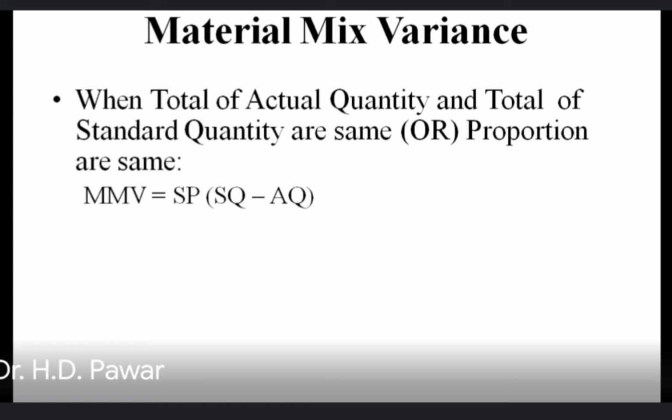This formula is the same as material usage variance. So if the total of actual quantity and total of standard quantities are the same, then material mix variance itself is material usage variance.